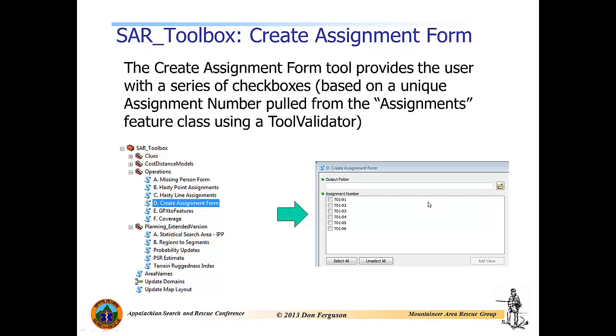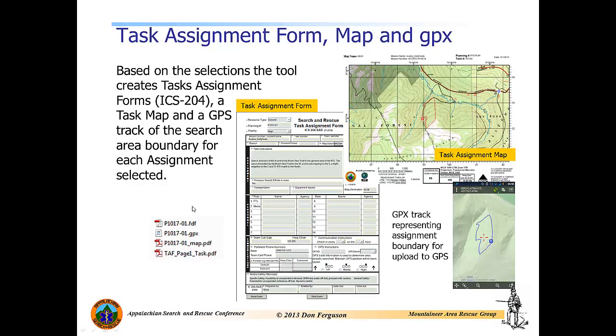After a number of assignments have been created, the user will want to generate task assignment forms, maps, and GPX files for upload to GPS that constitute the assignment, and a Python script is provided to automate this production. Upon running the script, 3 files are created and stored in a pre-designated folder within the incident directory.